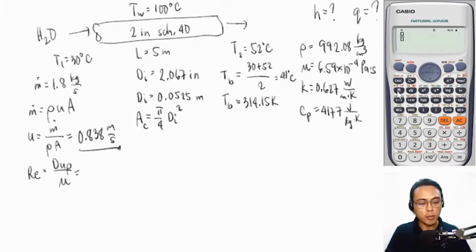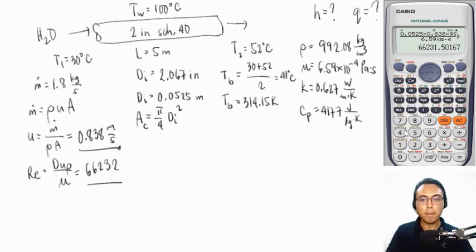Substituting, diameter is 0.0525, velocity is 0.838, density is 992.08, viscosity is 6.59 times 10 raised to negative 4. Our Reynolds number is 66,232. Therefore, we say that the flow is turbulent.